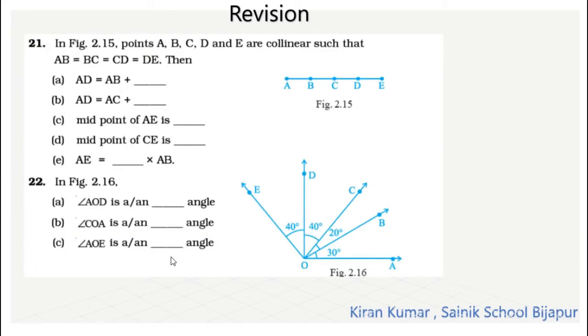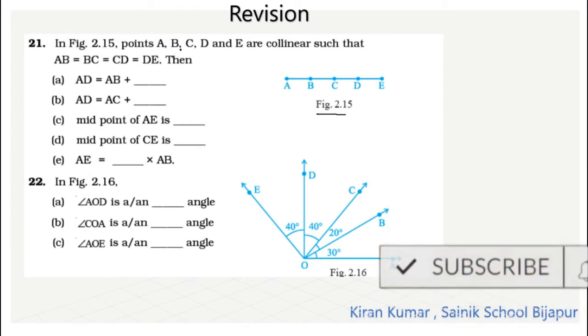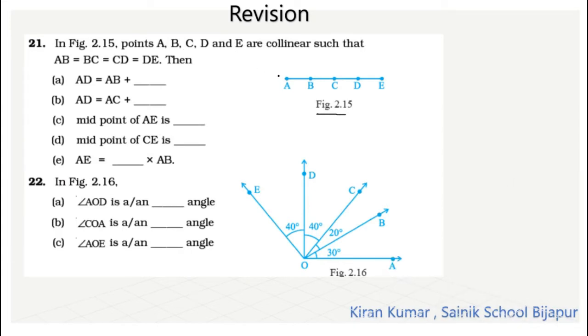Question 21. In the figure 2.15, points A, B, C, D and E are collinear such that AB equal to BC equal to CD equal to DE. Then first one, AD equal to AB plus dash.